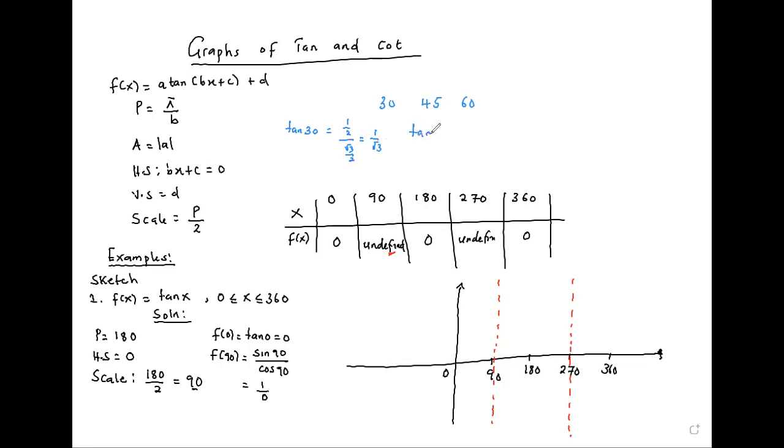Then tan 45 is 1. Tan 60 is root 3. So you see what is happening? As you move from 0 going to 90, tan is increasing. So you have this behavior.